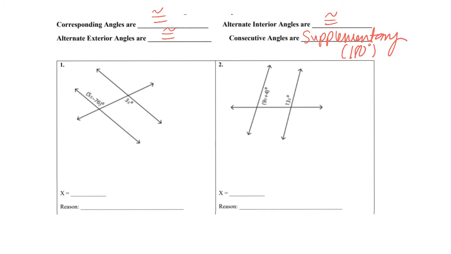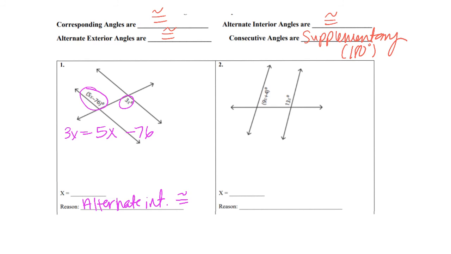So very first thing we want to look at here is what type of angles do we have? So if you look at this first set, these are alternate interior angles, and that means they are congruent. So that means I can set my 3x and my 5x minus 76 equal to each other and solve.